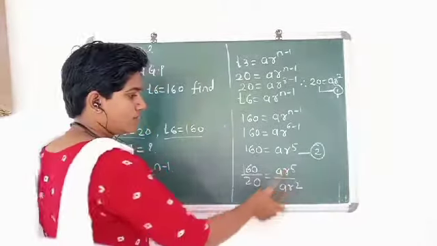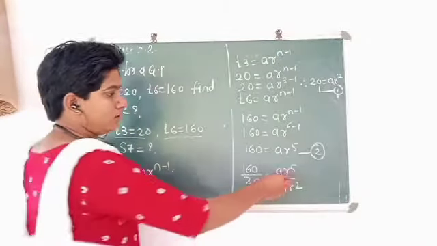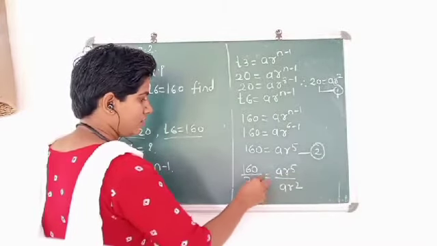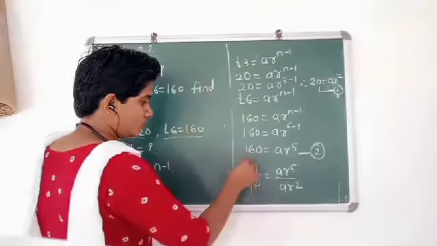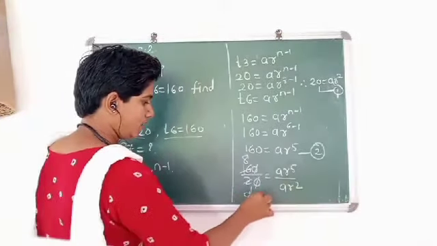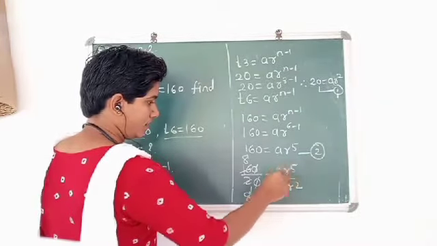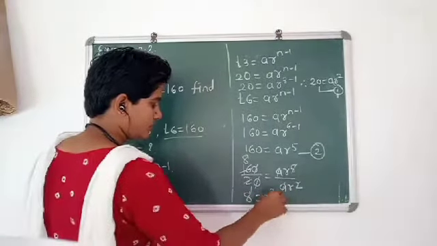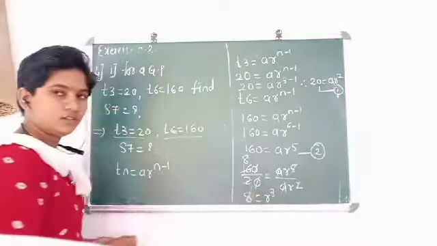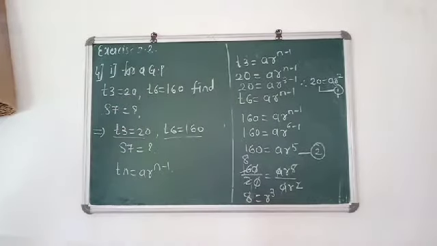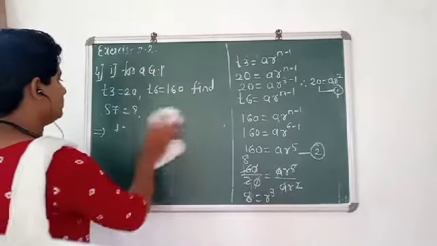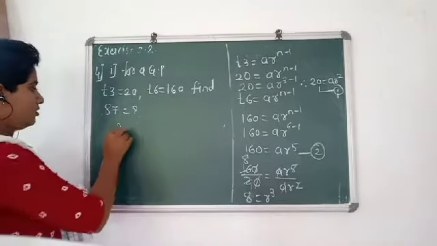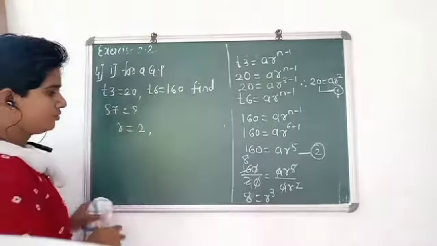The base is common, so we subtract the powers. The a's cancel, and 2 1s are 2, 2 8s are 16. So 8 is equal to r raised to 5 minus 2, that means only r raised to power 3. So r cube is equal to 8, that means the value of r is equal to 2. It is the common ratio, r is equal to 2.